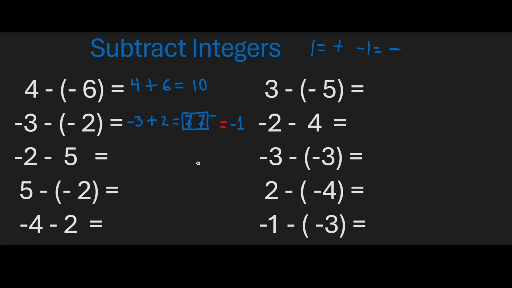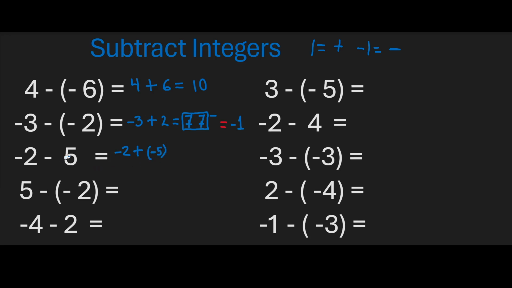For the next one, I have negative 2. And to this, I'm going to be subtracting 5. But remember, we never subtract. We're going to change the minus sign into the plus sign. And 5 is positive. I'm going to change it to negative 5.